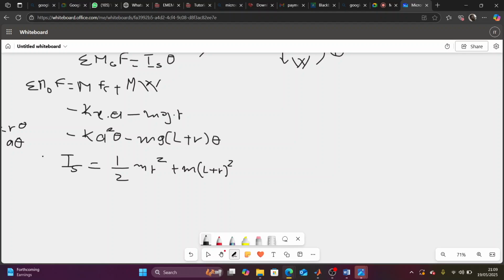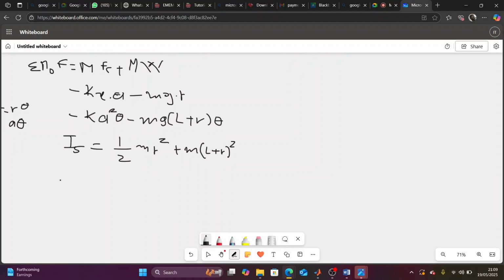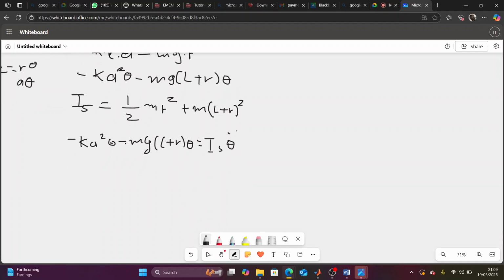We can equate them to get the moment to be equal to the moment of inertia of the system multiplied by theta double dot. You know the drill, my guys. We make everything equal to 0.